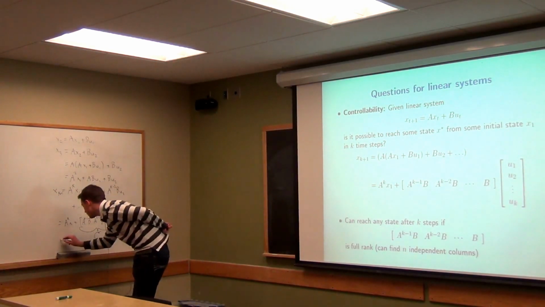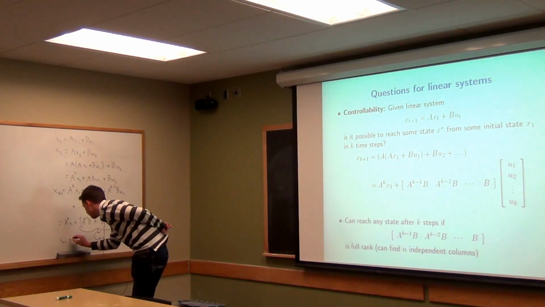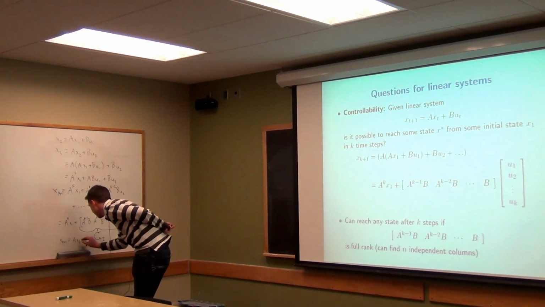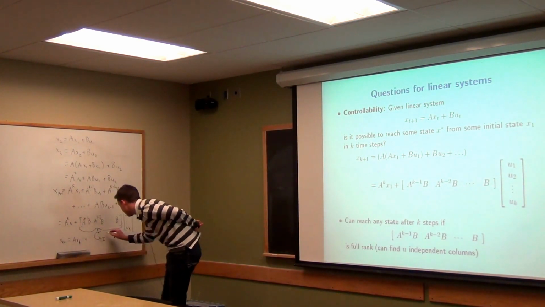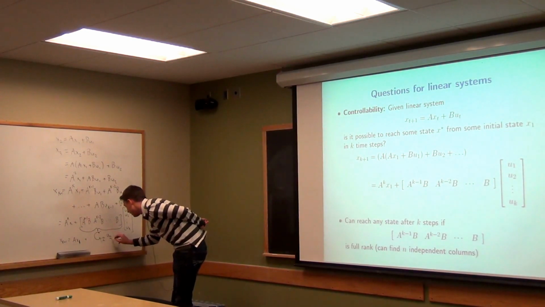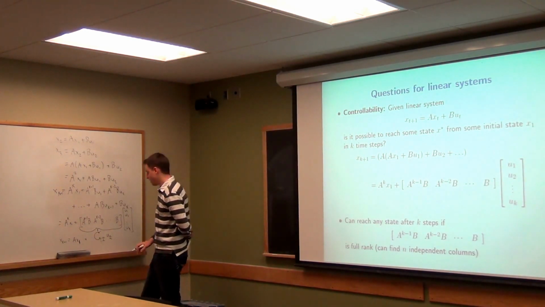And then we want to say that x_{k+1} equals A x_1 plus this times u_I. And now we can start inverting things.